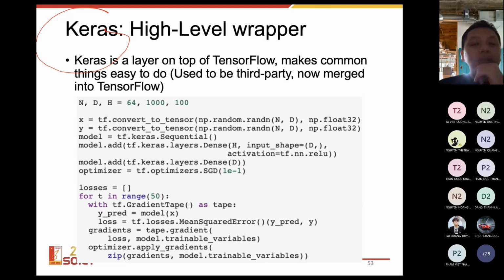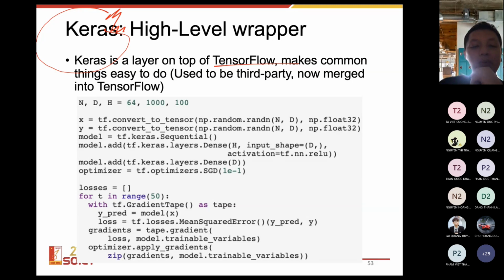So people use Keras quite often, and then at some point, the developers decided to integrate Keras into the TensorFlow framework. And now, when you have TensorFlow, you can use Keras, right? It makes common things easy to do.